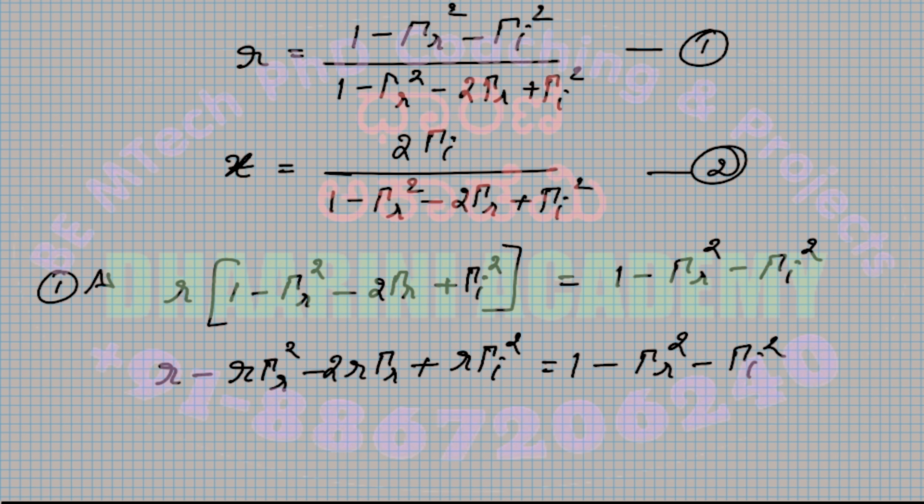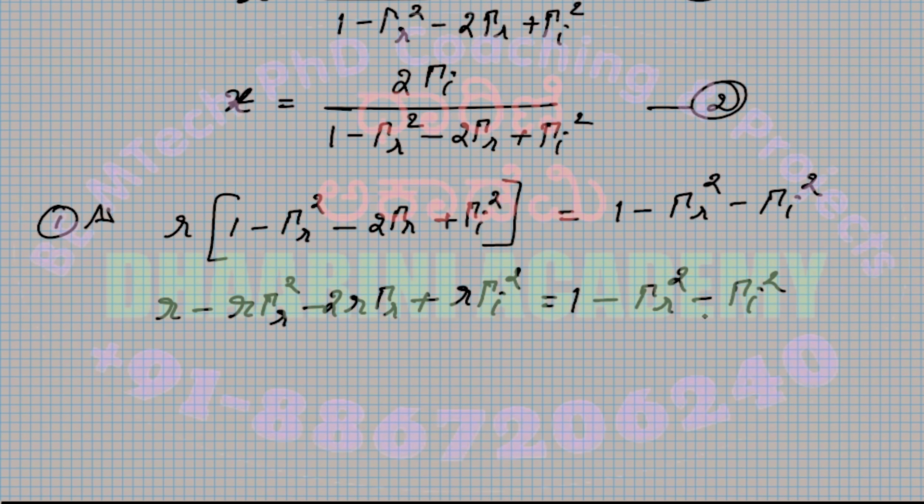Okay, so I'll try to move all the gamma terms to the left hand side and the only term containing R to this side. So that means the gamma R square and gamma I square will go to the left hand side.